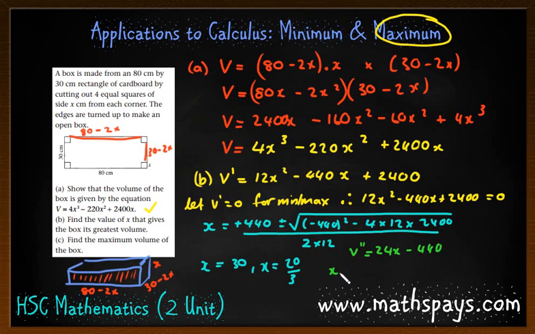We can test each point. For x equals 30, v double dash is greater than 0, which means that's a minimum. For x equals 20 on 3, v double dash is less than 0, which is negative, which means I've got my maximum. Therefore, I can state x equals 20 on 3 for the maximum value.